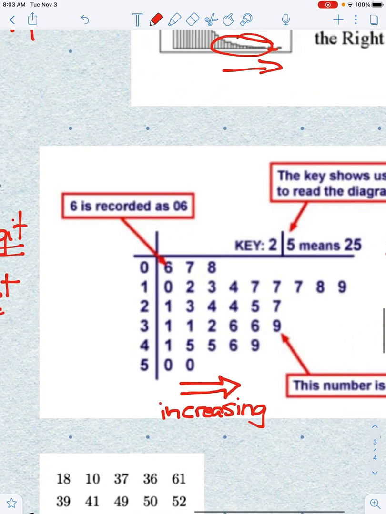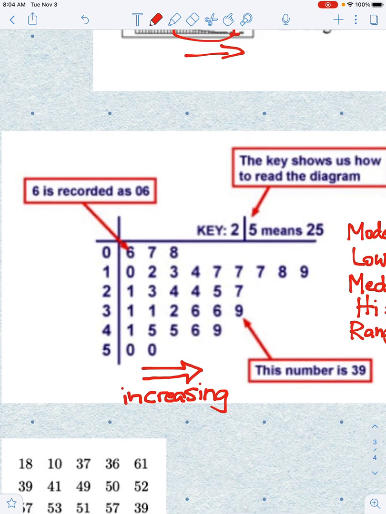All right. Here's a stem and leaf graph that is drawn out for us. We have, first of all, stems over here, 0 through 5, and then the leaves are each listed out, increasing as you go to the right. There is also a key in every stem and leaf graph.